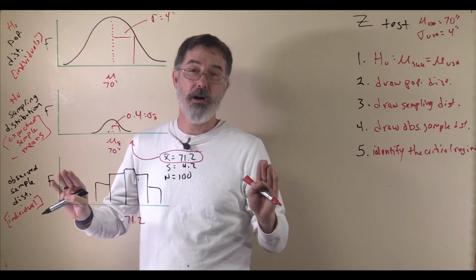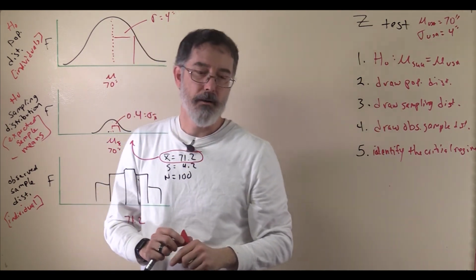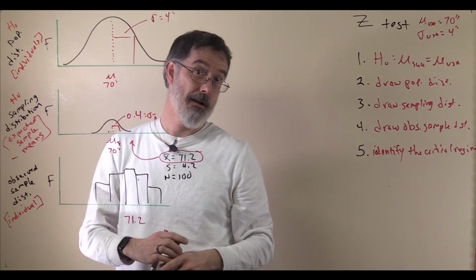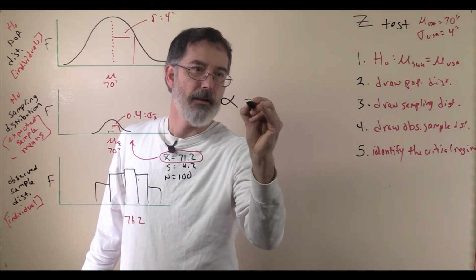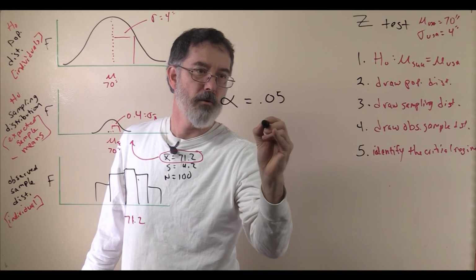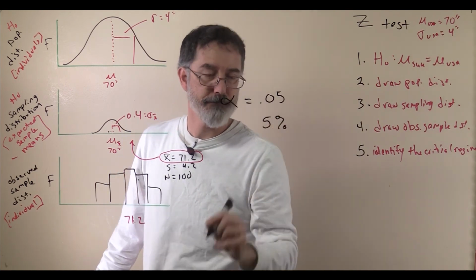The decision about how unlikely it has to be is based on an agreed upon criteria. And that's called alpha. And alpha is 0.05, or you could also say 5%.